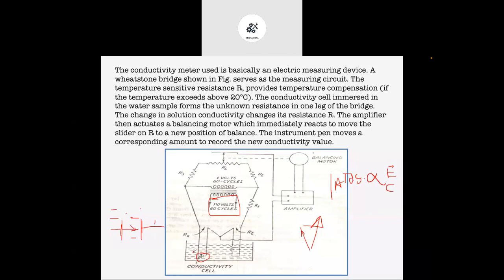As the amount of dissolved solids increases, the conductivity of the water increases, and because of that, a higher amount of current will pass between these two contacts, and we will see a higher reading on the indicator. That's how we can measure the amount of salt or dissolved solids present inside the water.